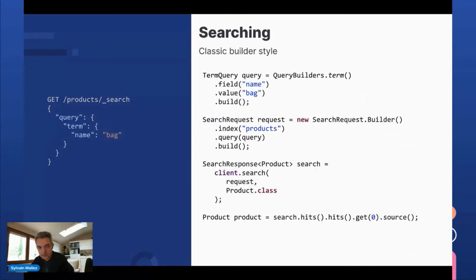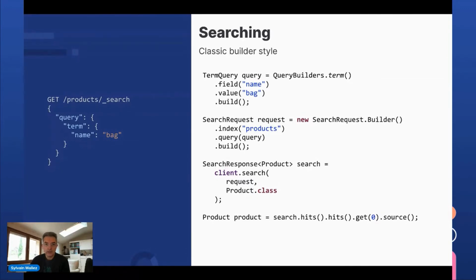Now, a bit more complex example. We were going to search in our product index. So on the left, we see that we are doing a term query on the name field. So typically, we want to search for every product that has bag in its name.